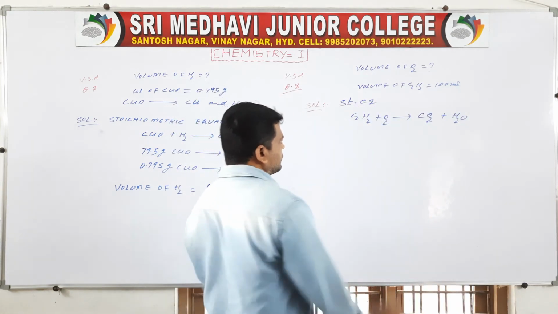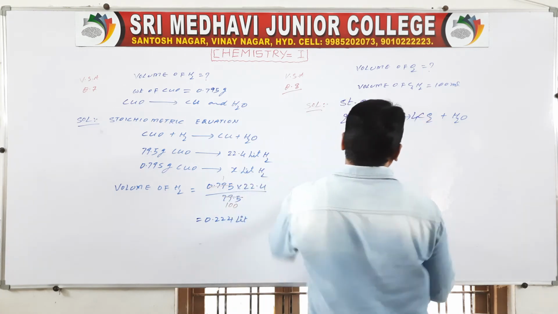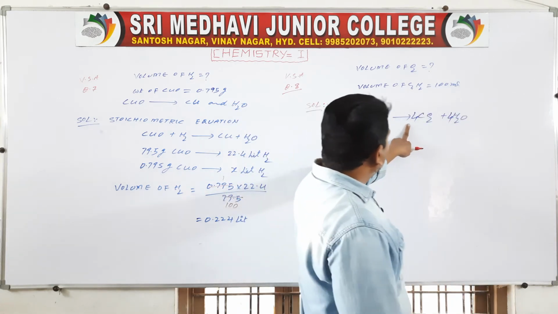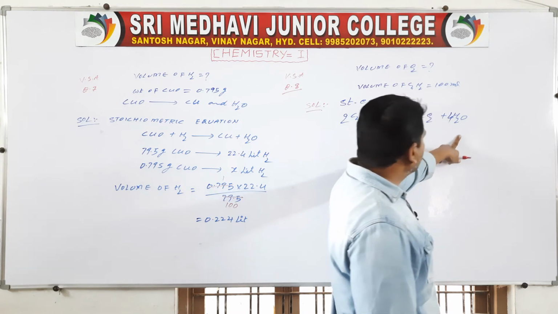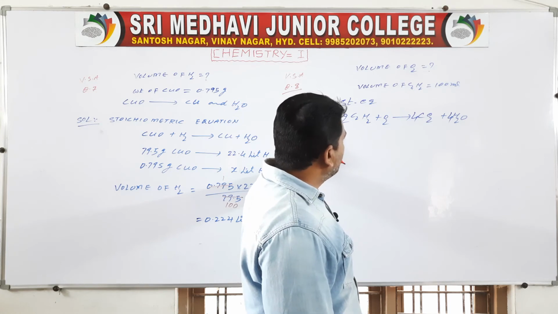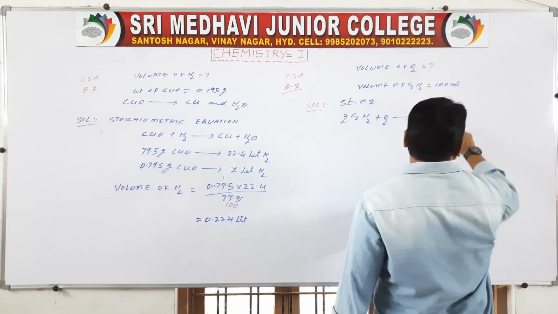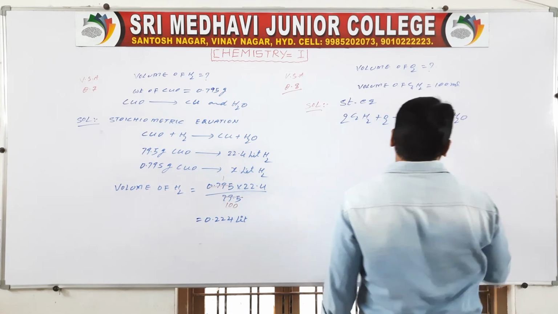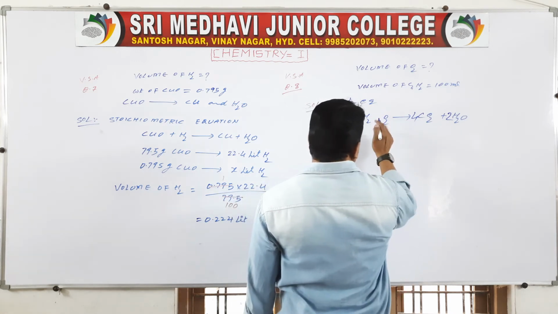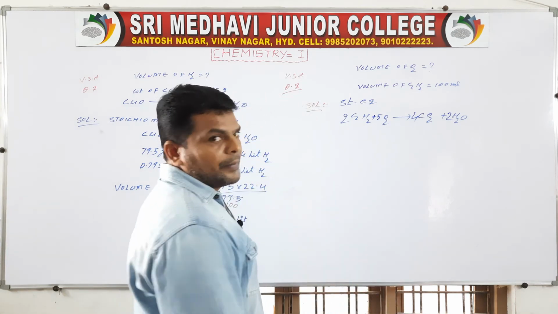If you take 4 CO2, 4 twos are 8, 8 plus 4 is 12. 2 twos are 4, then you have to take only 2 H2O. 4 twos are 8, 8 plus 2 is 10. Then you have to take 5 here. Then it is balanced.